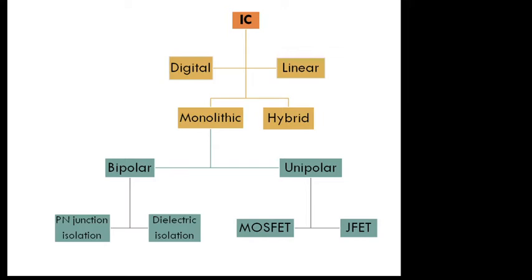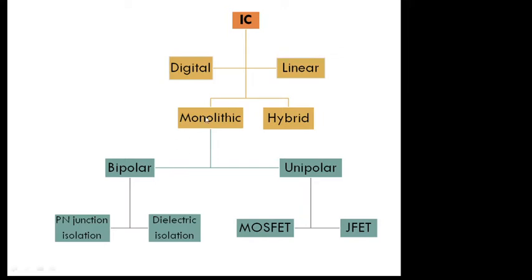In detail we will be focusing only on the monolithic technique of digital IC, and we will not be focusing on the hybrid IC. So if you look at the tree diagram, I am stopping here and the further branching is only of monolithic IC fabrication.